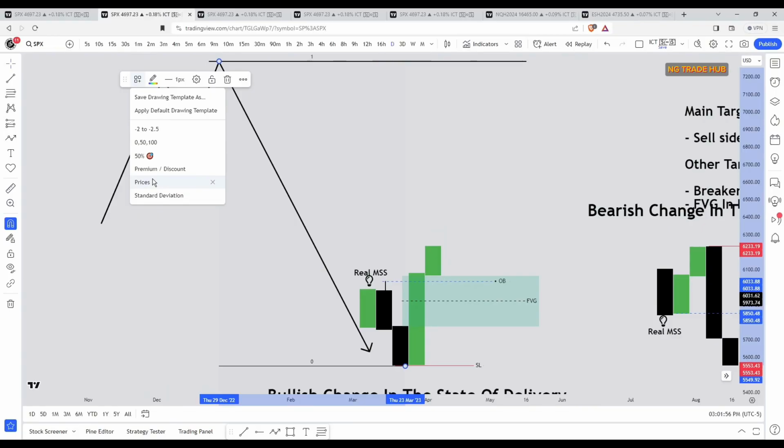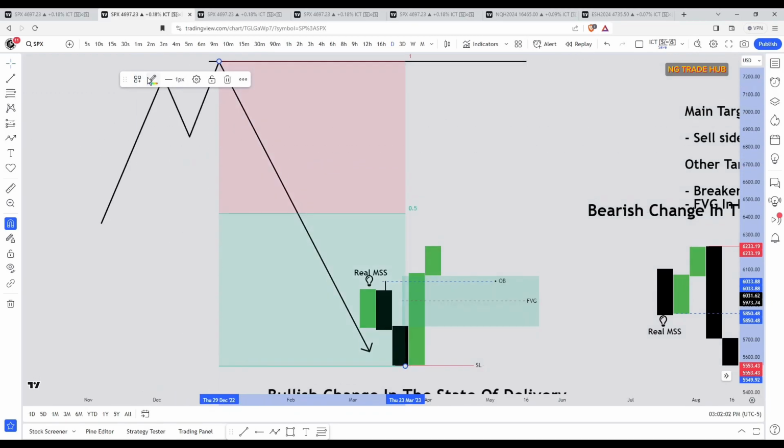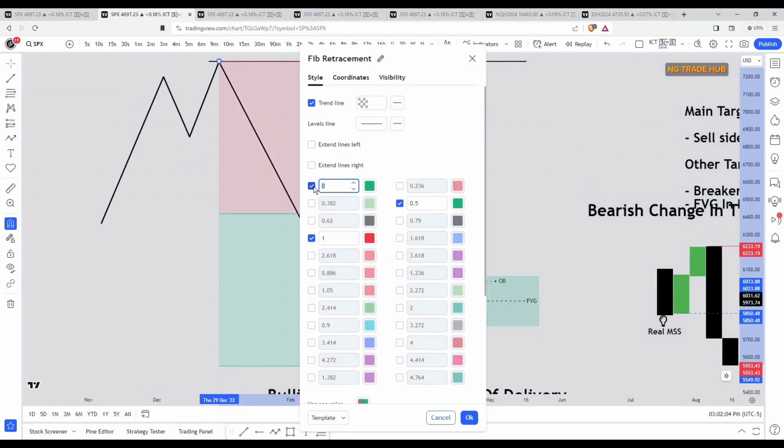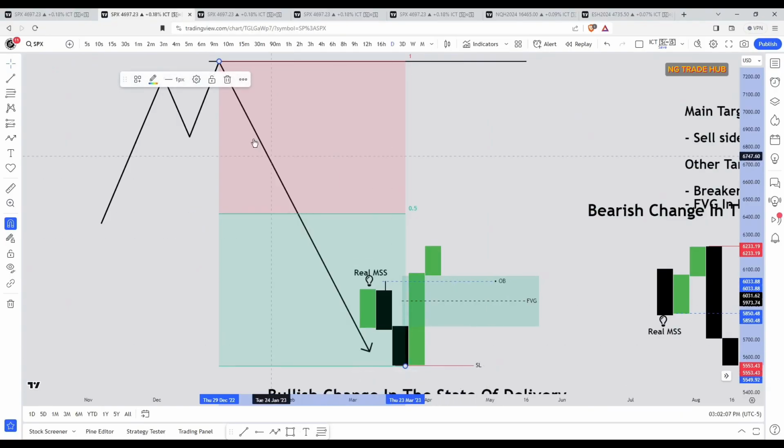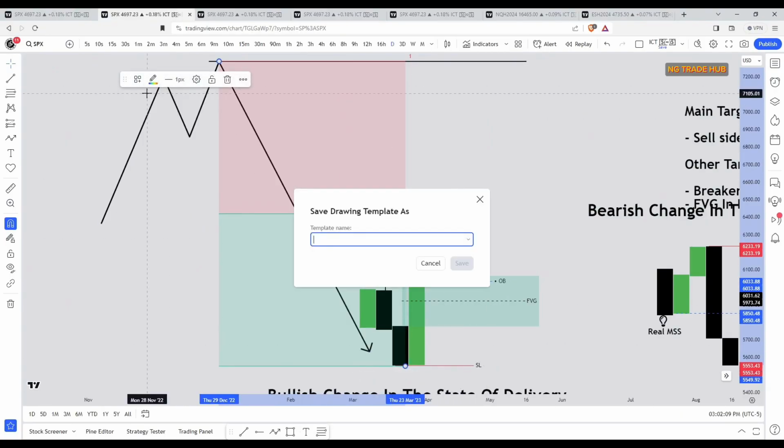All you want to focus on is 50%. So I'm actually going to do premium discount. I just have a preset. All you need to do is click on 0, 1, and 0.5. And once you have that, you can click Save Drawing Template and just label it premium and discount and click Save.